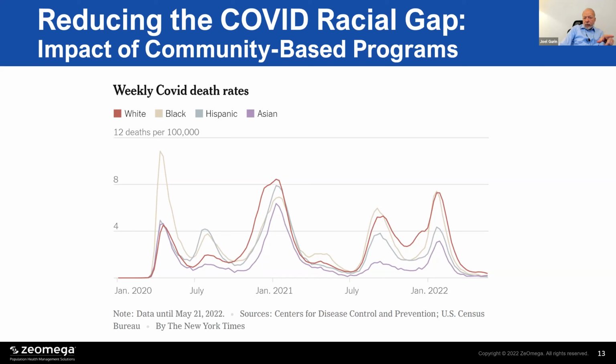And even though these numbers are mostly for adults, I think the same kind of approach could apply as vaccines become more and more available for younger children. Essentially, what this is showing is that, if you remember, particularly early in the pandemic, one of the major issues of concern was that the rates of deaths and hospitalizations from COVID for Black and Latino Americans was much, much higher than for white Americans.